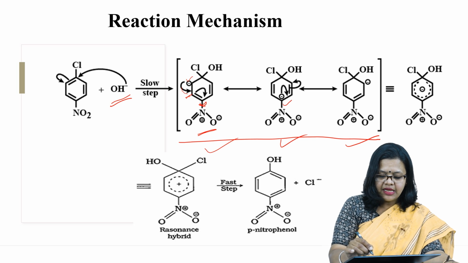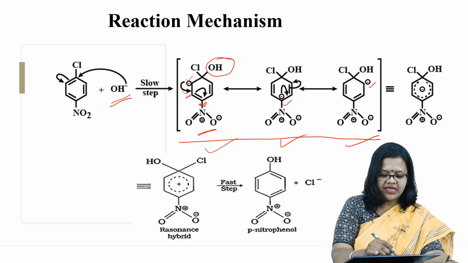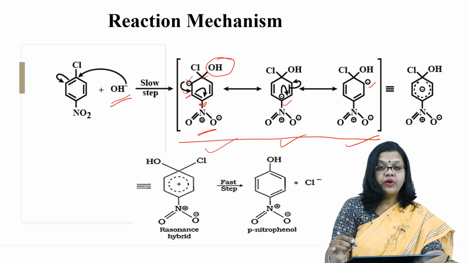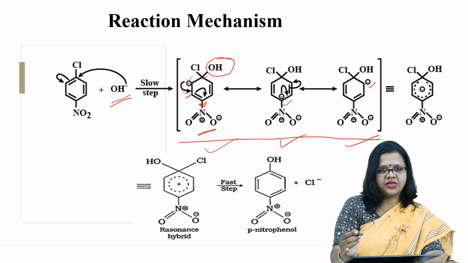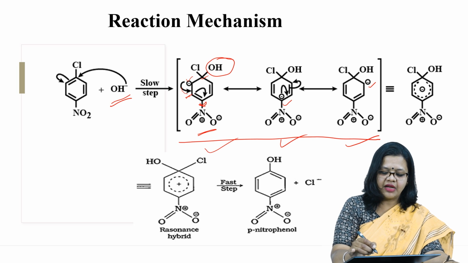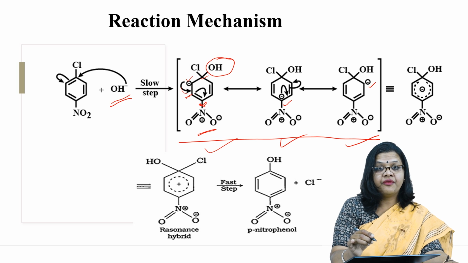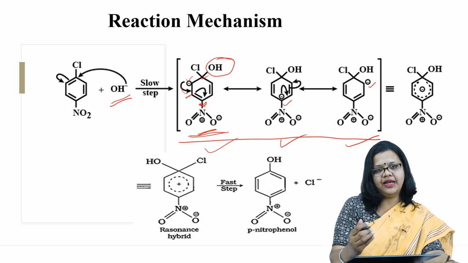So, in all these three resonating structures, we can see that electron density is increased at the ortho and para positions. In comparison, the position where the hydroxyl group is attacking becomes more positive. Therefore, the nucleophile attacks at this place where it finds lesser electron density.